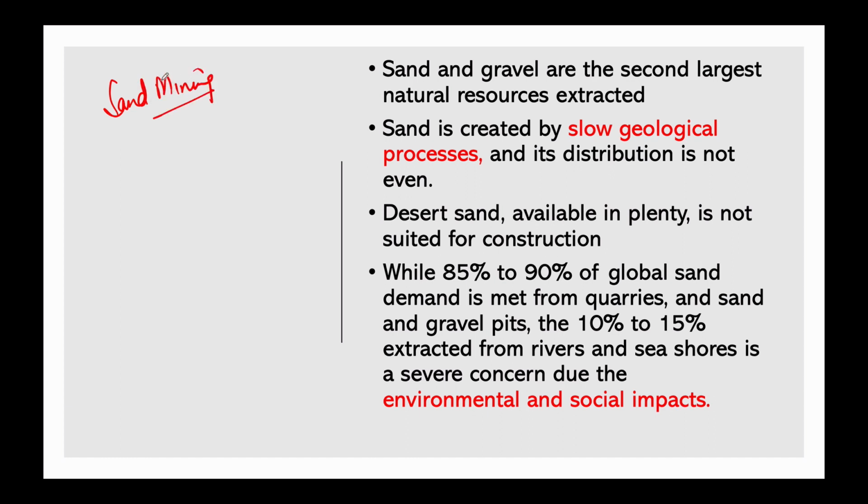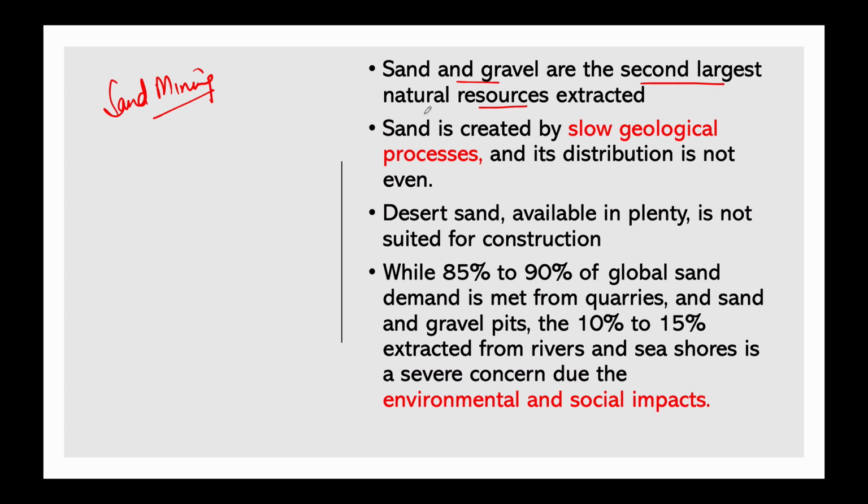Sand and gravel are the second largest natural resources extracted and traded by volume after water, but among the least regulated. So they are among the most exploited natural resources, but also the least regulated.